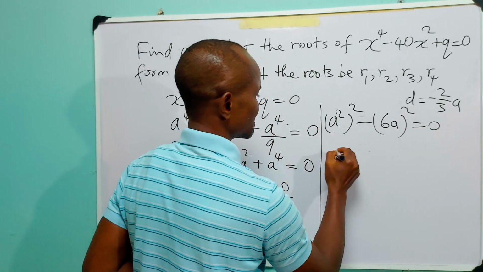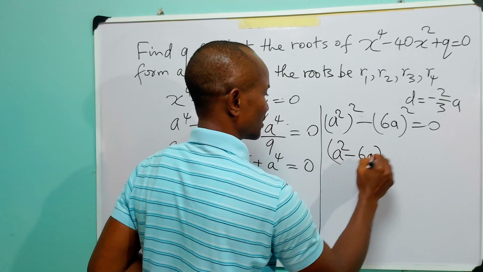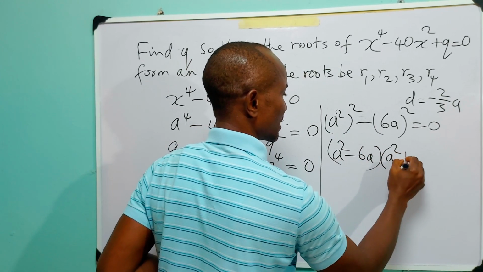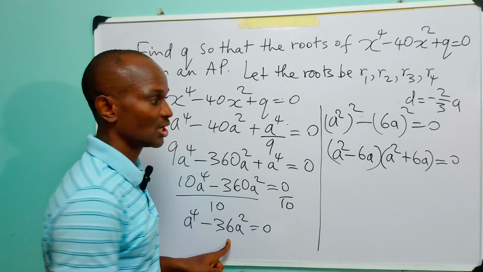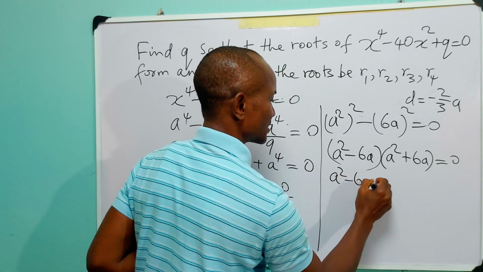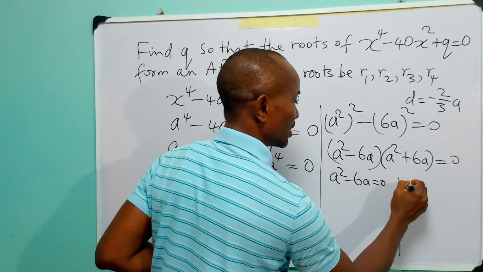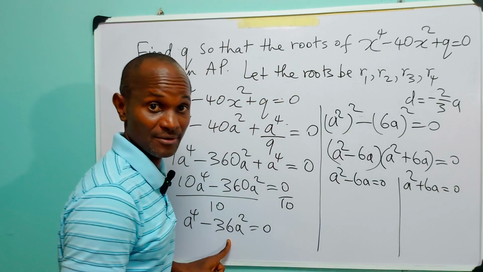So we have that this is equal to a squared minus 6a into a squared plus 6a, and this is equal to 0. So from this we have that a squared minus 6a is equal to 0, or a squared plus 6a is equal to 0.